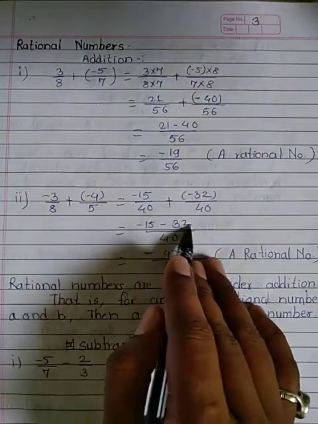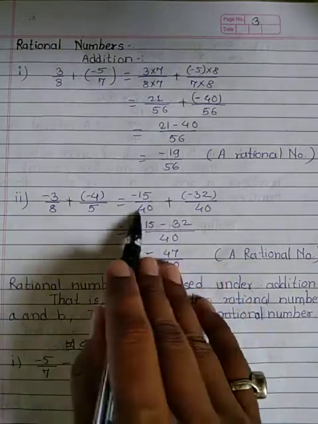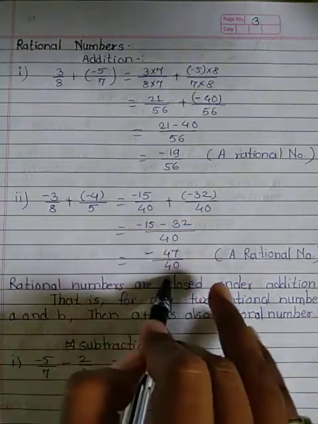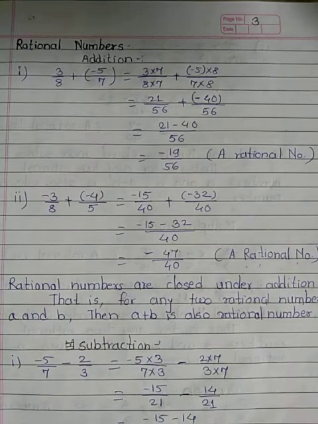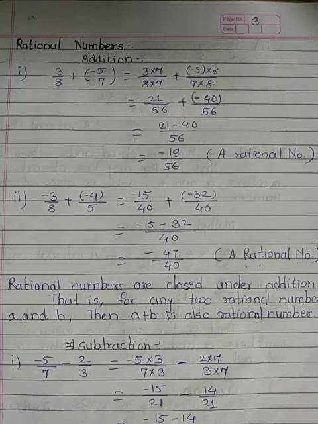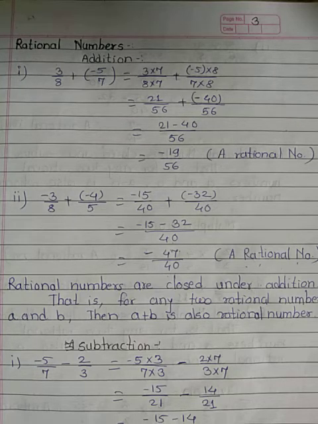So minus 15 minus 32 divided by 40, the denominator is the same, so minus 47 by 40, that is a rational number. Means whenever we are adding rational numbers, the answer will be a rational number itself. That is the meaning of rational numbers being closed under addition.